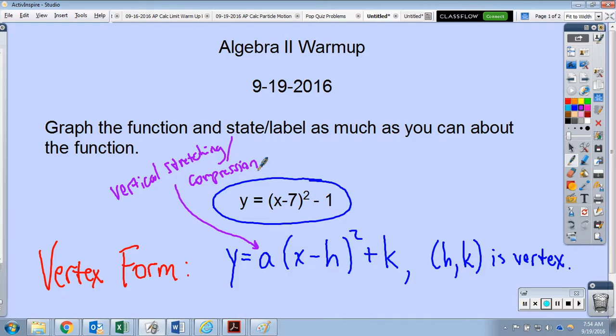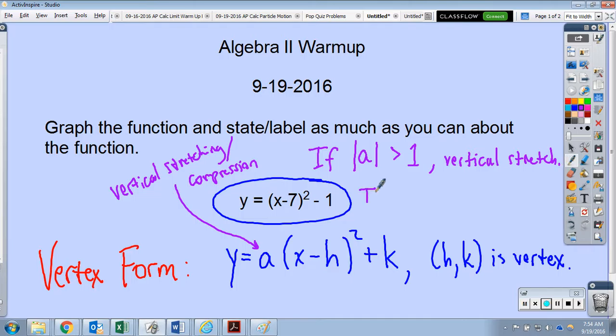So for your notes, if the absolute value of A is greater than 1, that is a vertical stretch. And they'll say something like vertical stretch by a factor of |A|.